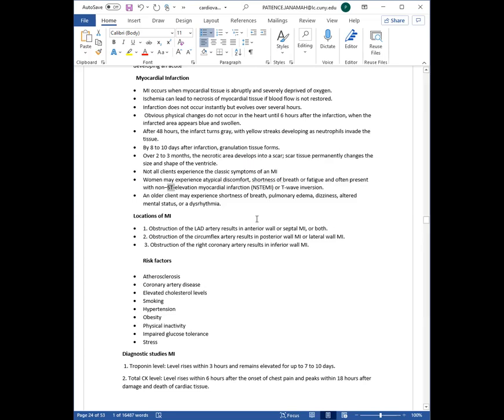They will tag the patient as STEMI. I don't want to add the N, because non-ST elevation means there's no ST elevation. But when you have ST elevation, that's STEMI. So we take the N out and we have STEMI: ST elevation myocardial infarction.